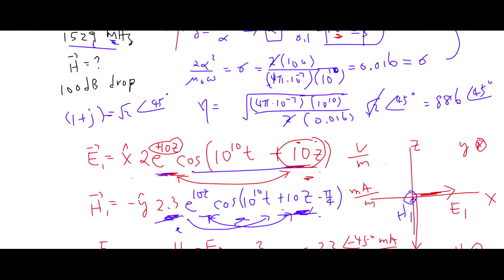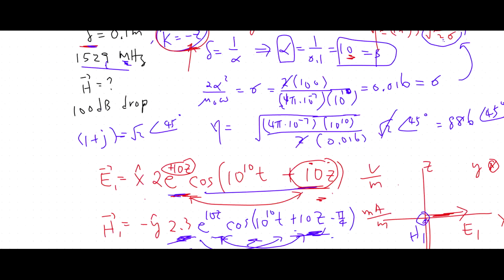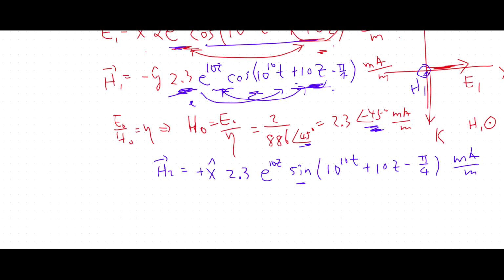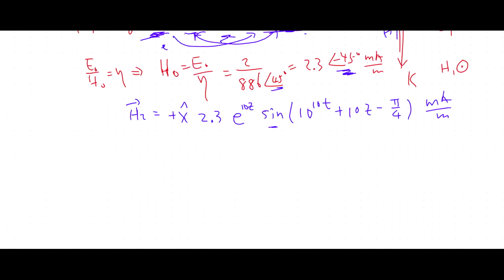All right. So the last question was, how far would this wave travel when the signal strength drops 100 dB, 10 billion times? So what do I do? This formula is in the cheat sheet.